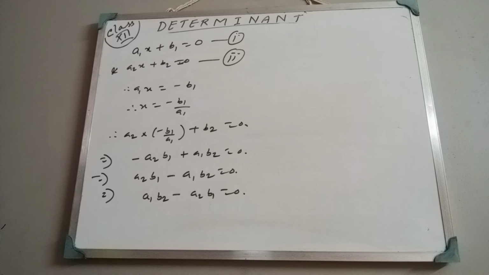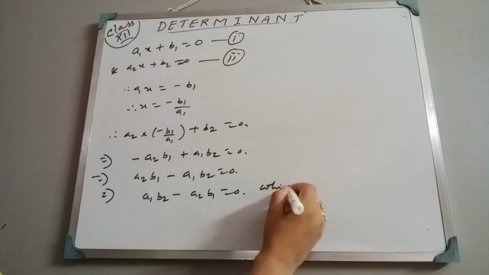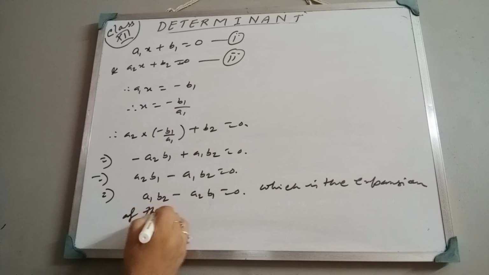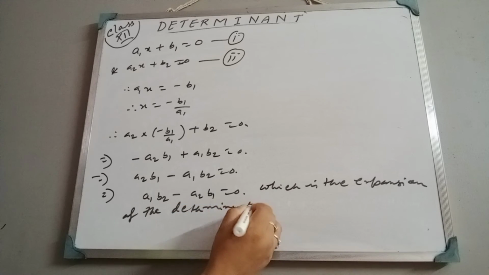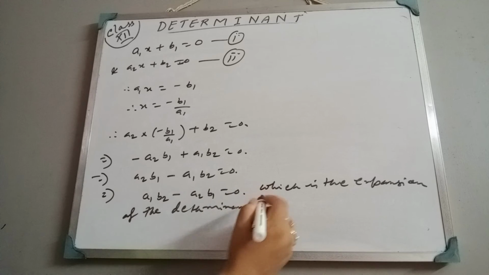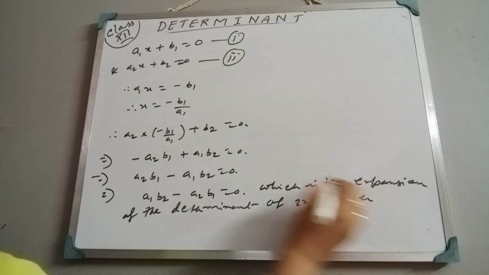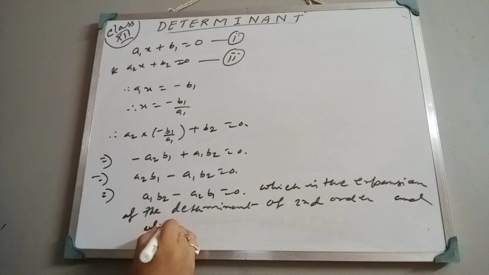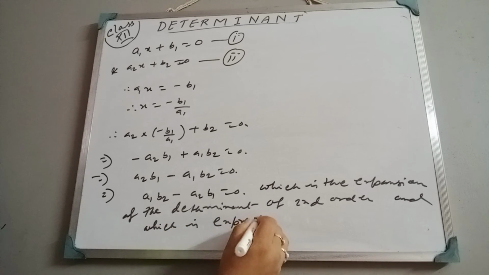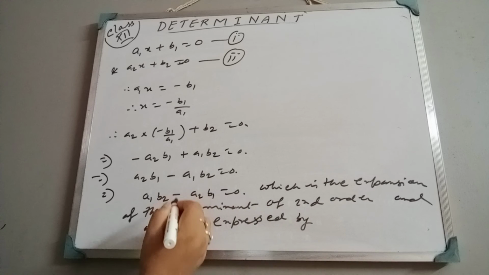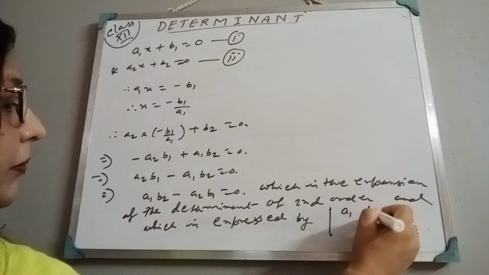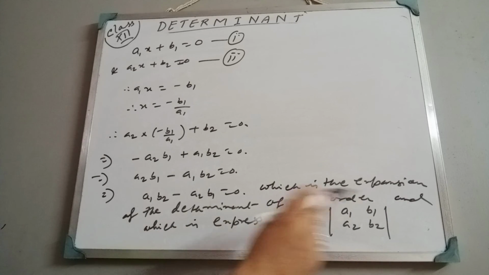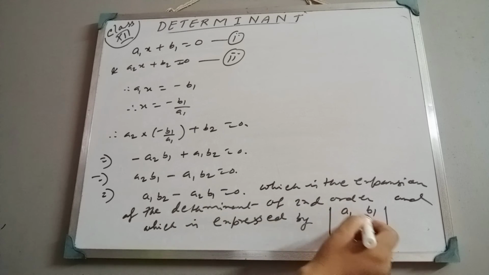a1b2 minus a2b1 is the expansion of the determinant of second order, expressed by a1 b1, a2 b2, where a1, a2, b1, b2 are all the elements of the determinant.